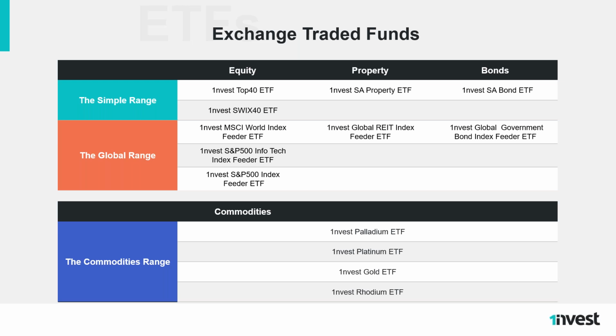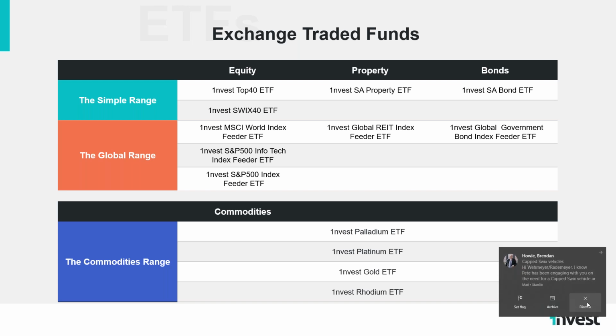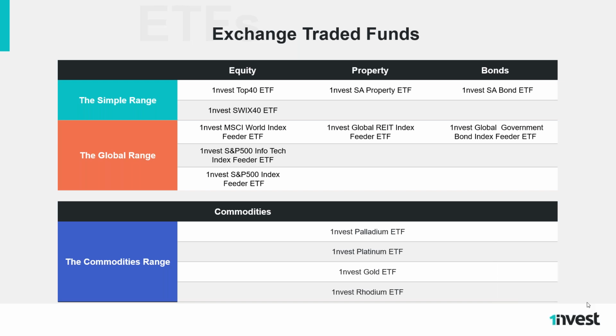This range spans from local ETFs that cover both property, equity, and bonds, as well as global ETFs, which give you exposure to global property, global equity or stock market indices, global bonds, as well as the funkier stuff such as your S&P 500 infotech, or the infotech sector. And lastly, the range does cover commodities, and as I mentioned previously, palladium, platinum, gold, and rhodium are all in the One Invest commodity range.